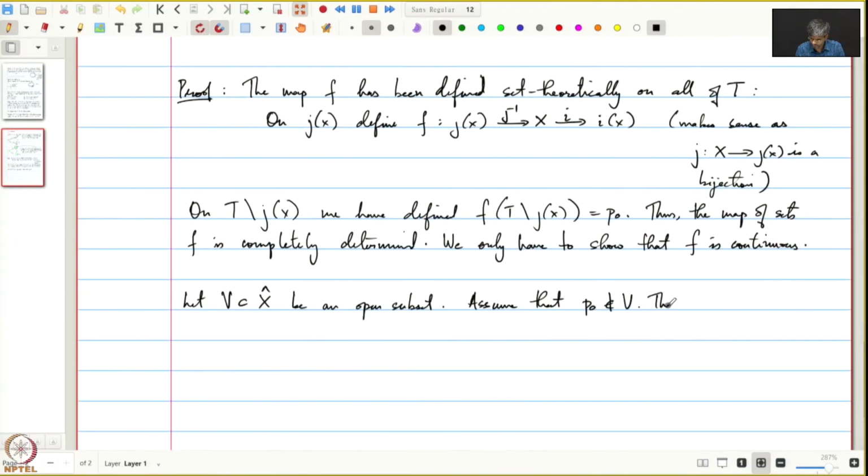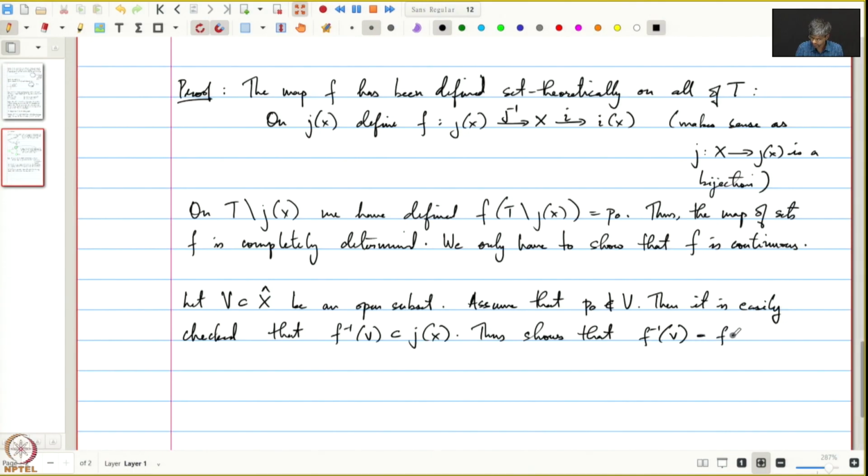Then it is easily checked, this is an easy trivial check, that F inverse of V is completely contained inside J of X. So, this shows that F inverse of V is actually equal to F restricted to J of X, inverse of V.